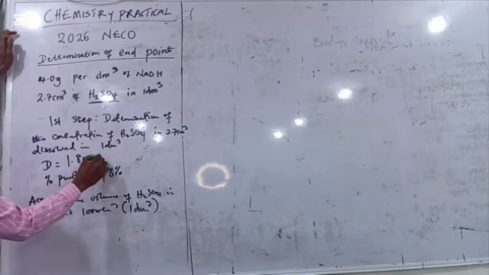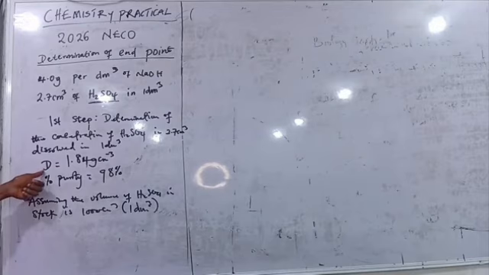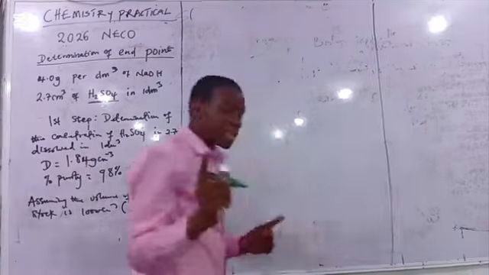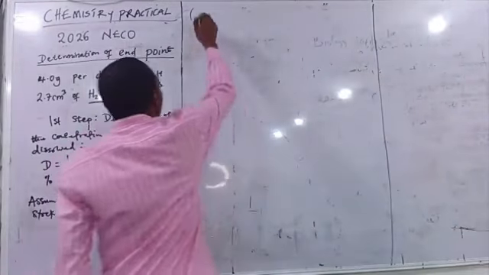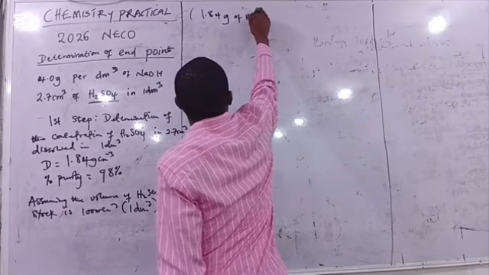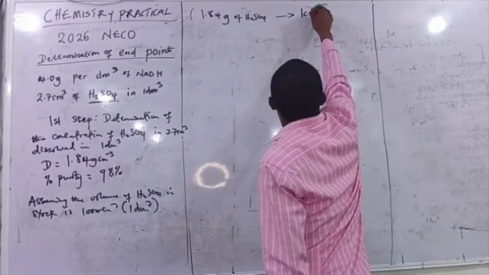Density is gram per cm cube. So from here we can determine the mass in 1000 cm cube. We have the density, 1.84 gram per cm cube. According to the density, we have 1.84 gram of H2SO4 in stock contained in 1 cm cube.